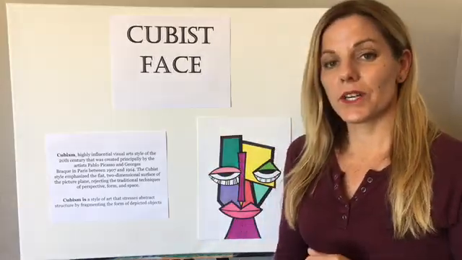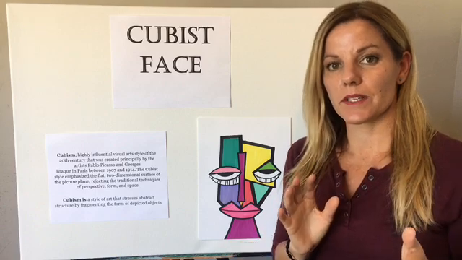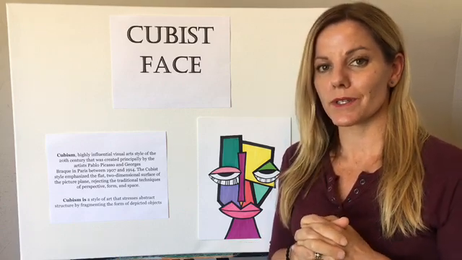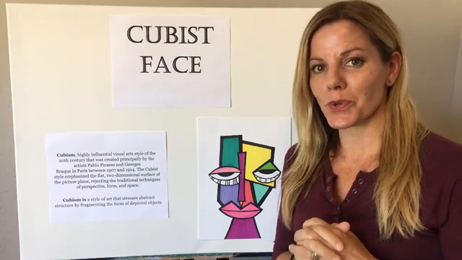So today I do want to show you a couple pieces from Picasso, just to show you some examples of his Cubist style artwork. So let me show you those real quick.